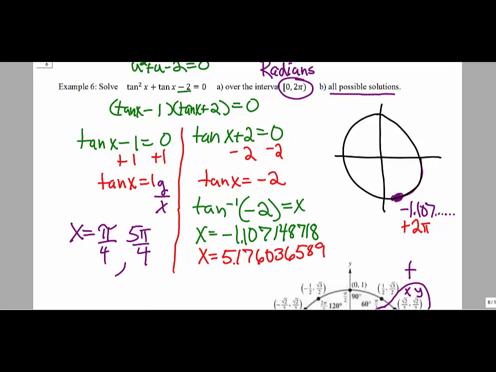Now, we have another solution. Remember that tangent has a value of -2 in quadrant 4, but also in quadrant 2. Now, how do we determine what that angle is? Well, the reference angle that we used, the amount that we went from the x-axis into quadrant 4, this will be called our reference angle.